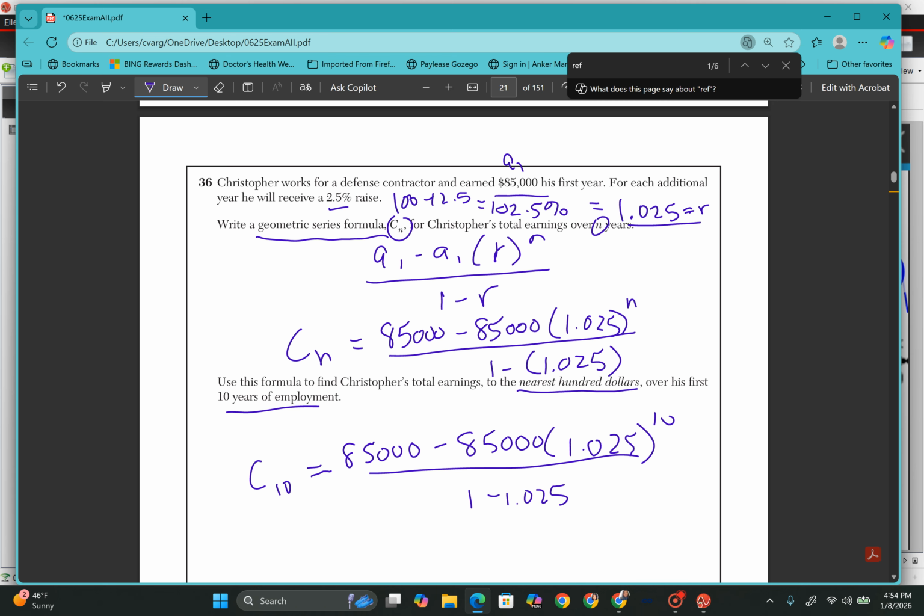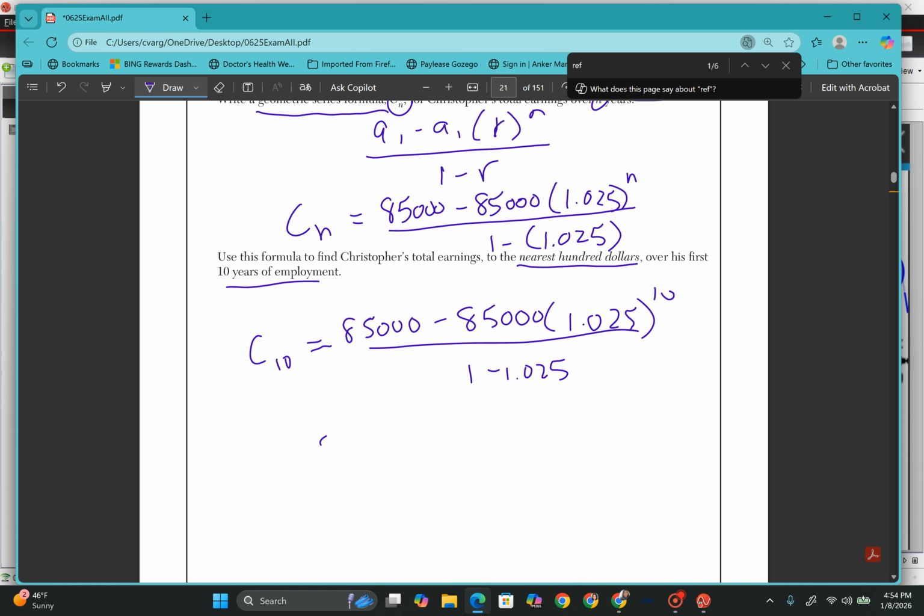And this is something that you could just plug into your calculator. And when you do that, you're going to get that C of 10 rounded to the nearest $100 is going to be 952,300 because we're going to round it to the nearest $100. And that is your answer. Okay.